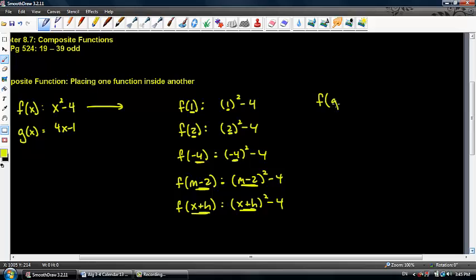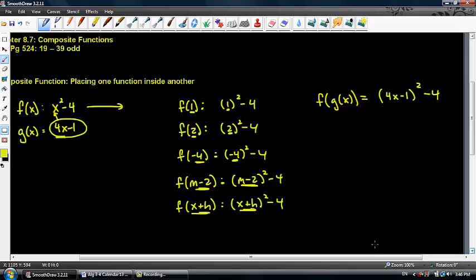So let's go ahead and see what this looks like if I compose a function. If I say f of g of x, what this is asking me to do is take g of x and place it inside f of x. Well, what is g of x? Well, if we look back to the left side, g of x is this 4x minus 1. So 4x minus 1 is going to replace the x in f of x. So what I create is parentheses 4x minus 1 quantity squared minus 4.